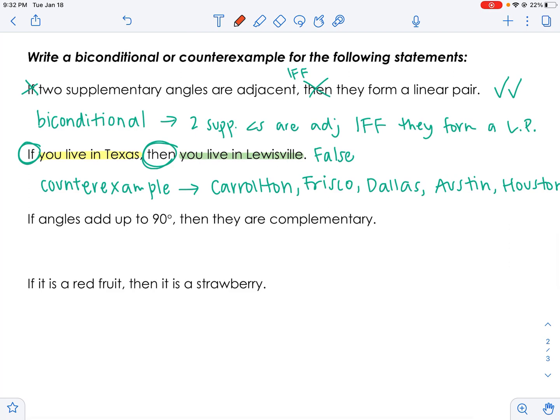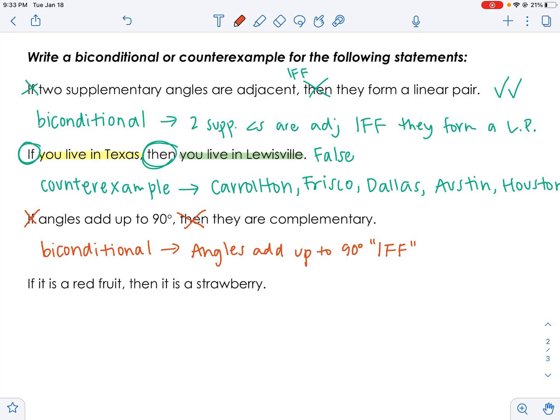Okay, hopefully you were able to figure these ones out on your own. The next one, if the angles add up to 90, then they're complementary. That works forwards and backwards. Complementary angles always do add up to 90, so that would be an example of a biconditional. And if you were going to write it, you could cut out the if, cut out the then, and just say angles add up to 90, if and only if, or IFF for short.